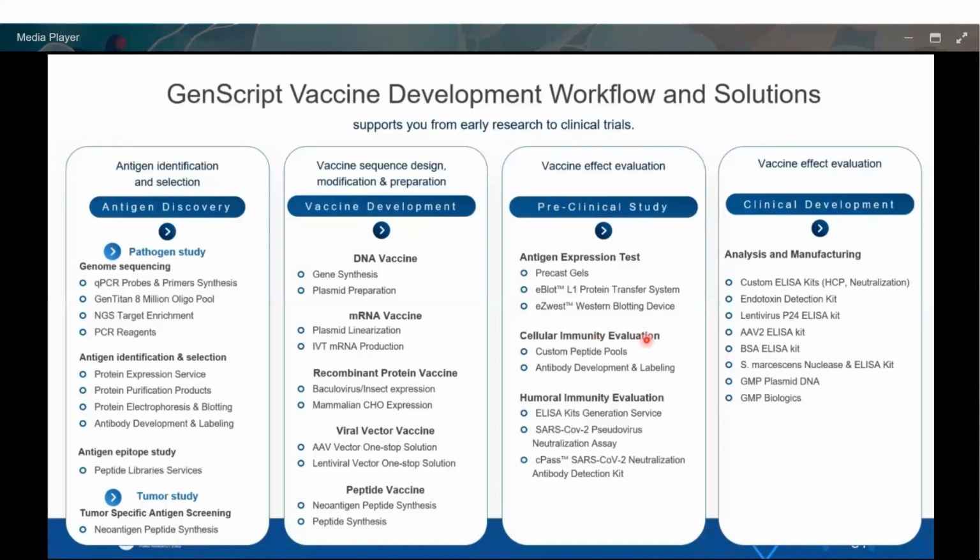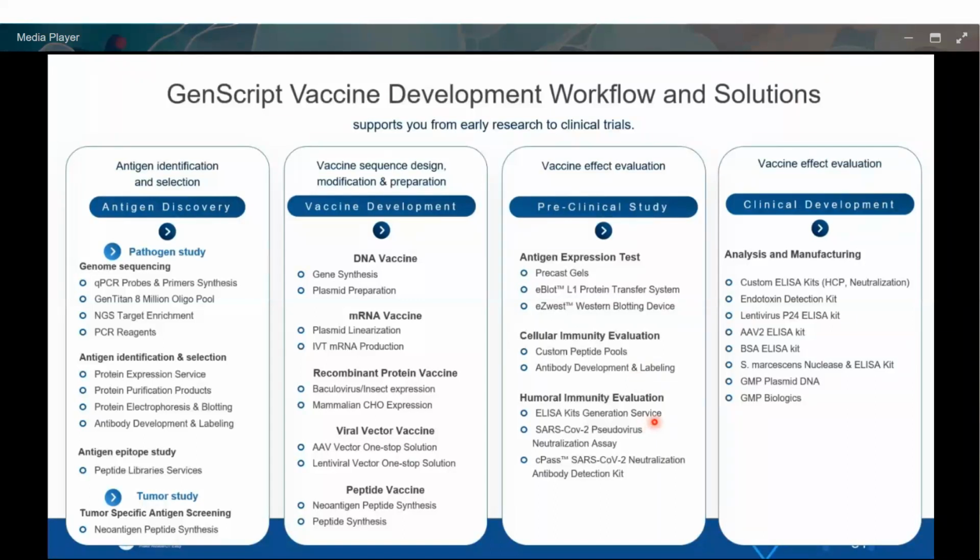And for cellular immunity evaluation, of course, you can also use our peptide pools, which are a customer service, and for cytokine detection, we support you with antibody development.